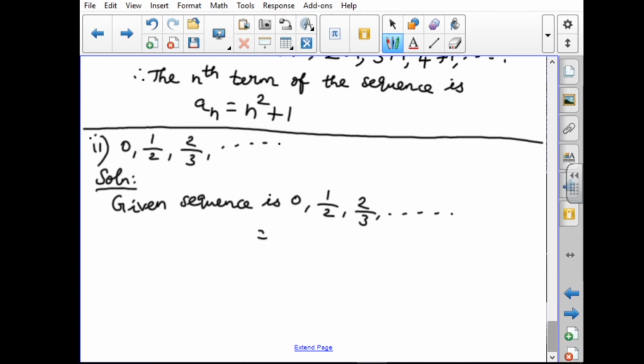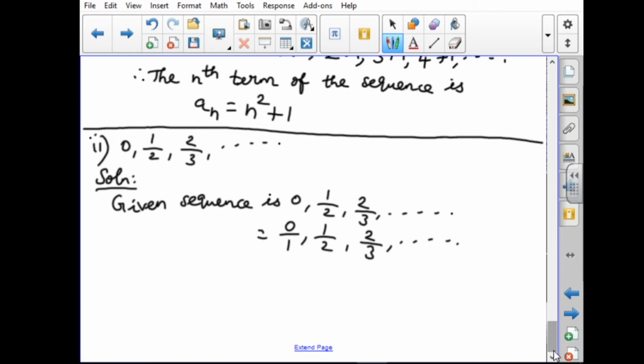This one we can write like this: 0 by 1. 0 by 1 is equal to 0. So the second term is 1 by 2, the third term 2 by 3, and so on. See here, the numerator is starting from 0, 1, 2, 3 like that. The denominator is starting 1, 2, 3 like that.